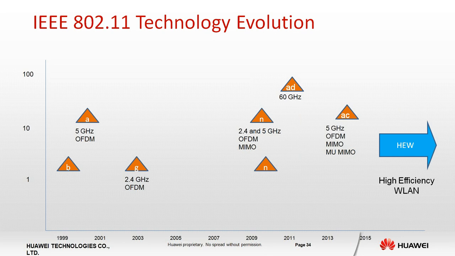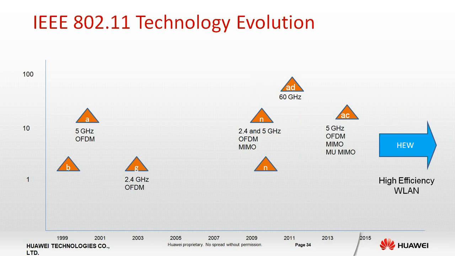Of course, 11b operates in 2.4 gigahertz. 11g came a little bit later. It operates in the 2.4 gigahertz band, incorporates OFDM technology as well, which is a multi-carrier modulation system, and is fully backward compatible with 11b. So if you have an 11b adapter, it can operate with an 11g access point, for example.